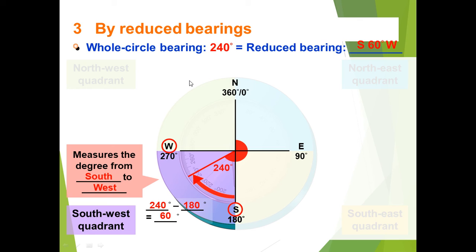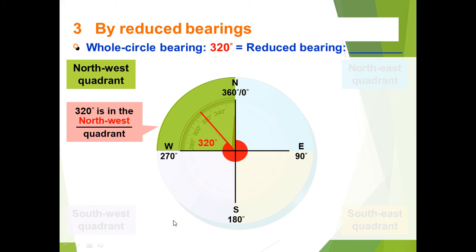So the reduced bearing would be S 60 degrees W, because it falls into the third quadrant, which is the southwest quadrant. So S at the front, W at the back, and in between, we use 240 minus the angle of a straight line, which is 180. So finally, we get 60 degrees here.